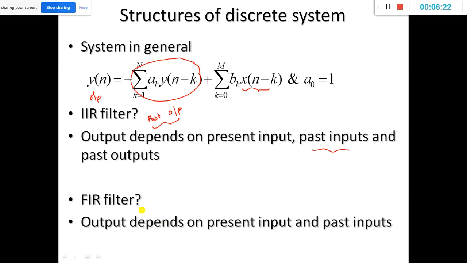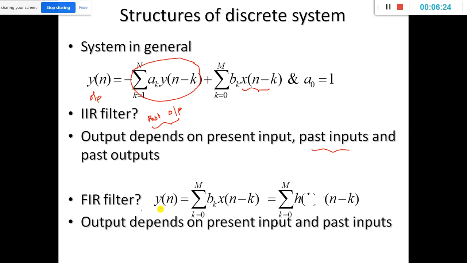When I move to the FIR filter, look at this equation. This is how we represent the FIR equation, which does not contain this y of n minus k. Obviously, it depends only on the present input and past inputs, but not on past outputs.